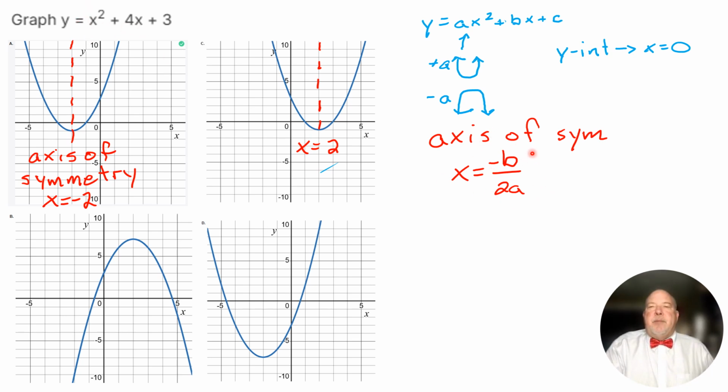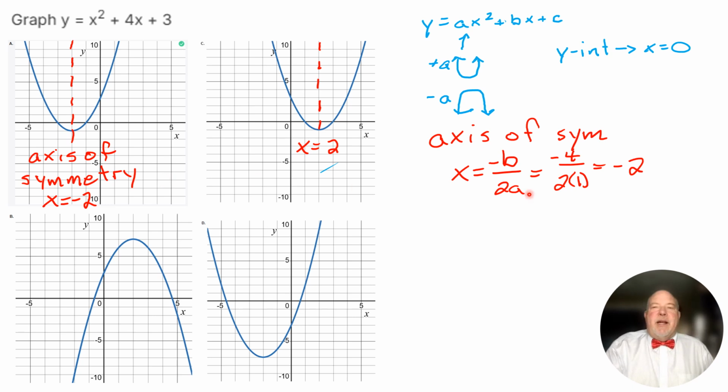I take the opposite of b, that would be -4 over 2 times 1. So this is just -4 divided by 2, which is -2. And so the axis of symmetry is at -2. That tells me the answer is C. No, sorry. -2, not +2. So the answer is A.